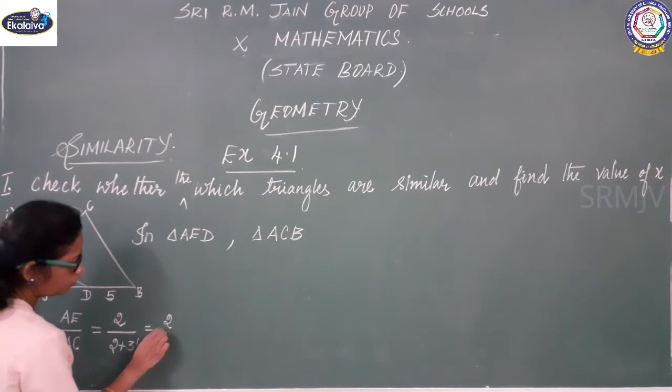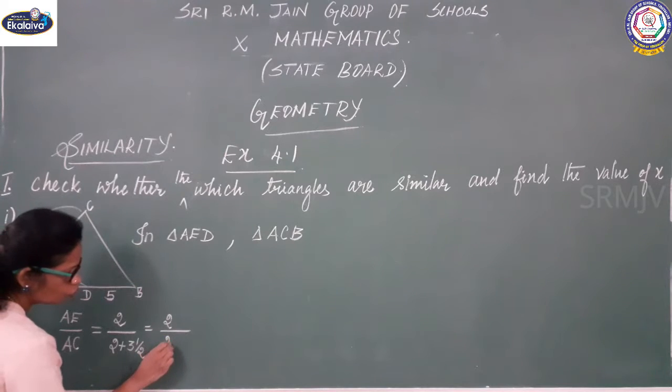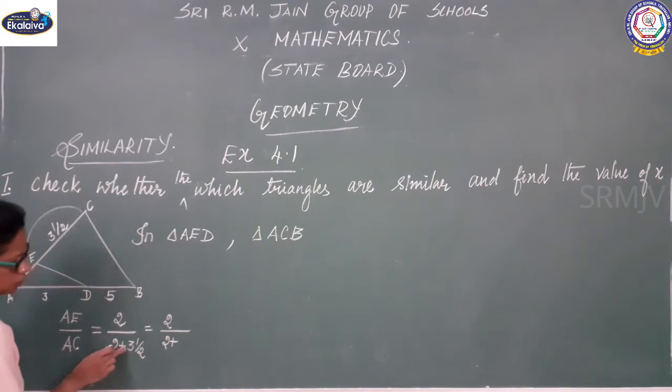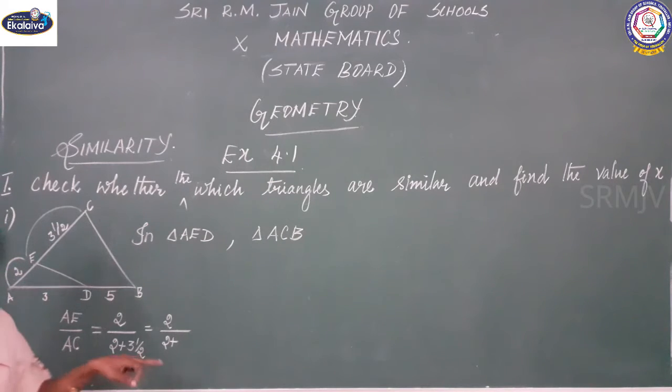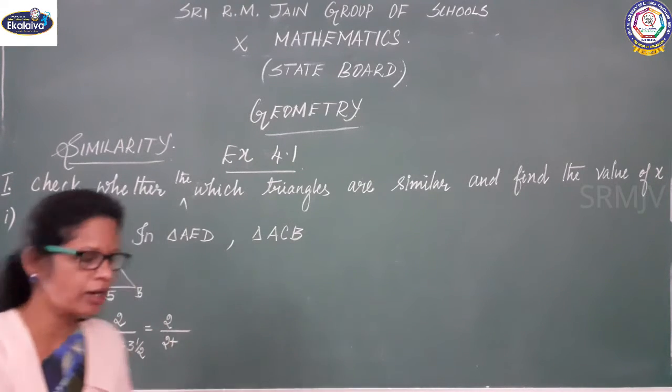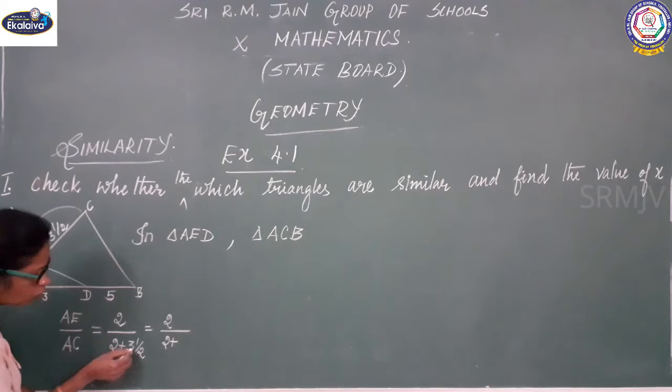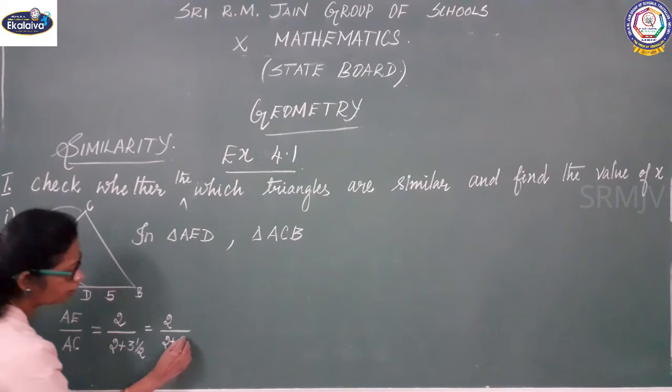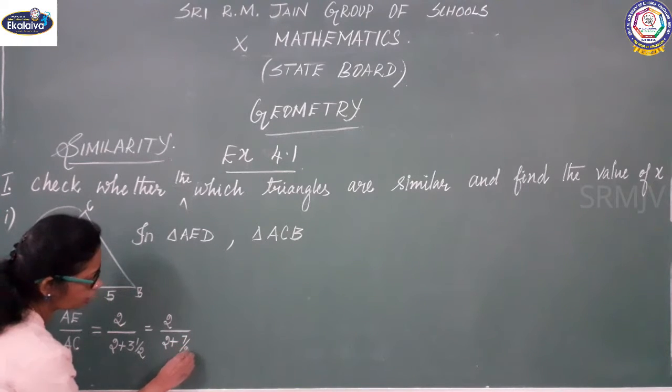2 divided by 2 plus 1 1/2. You convert the mixed fraction into an improper fraction: multiply these two, add the numerator, then it becomes 7 by 2.